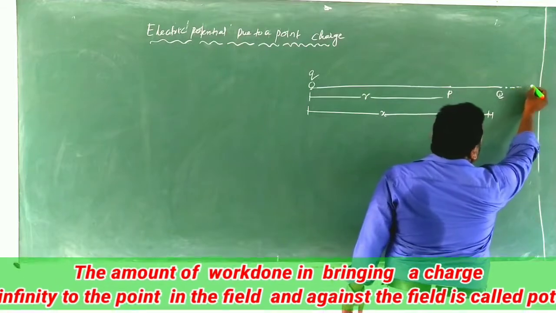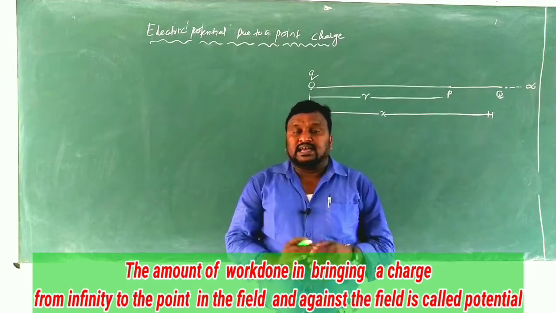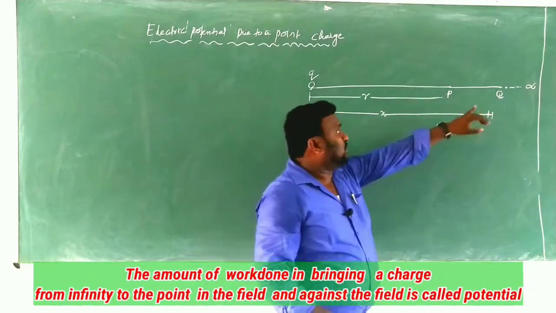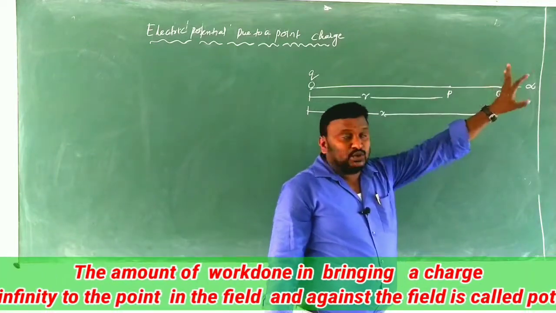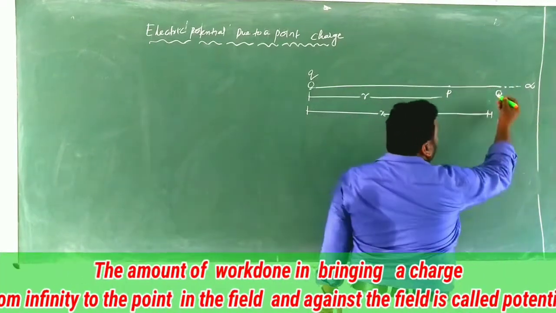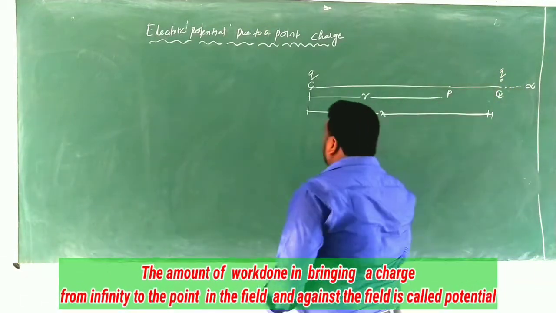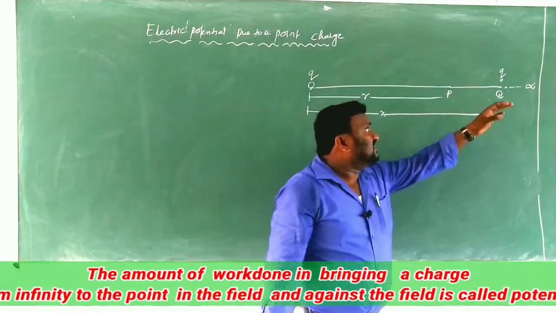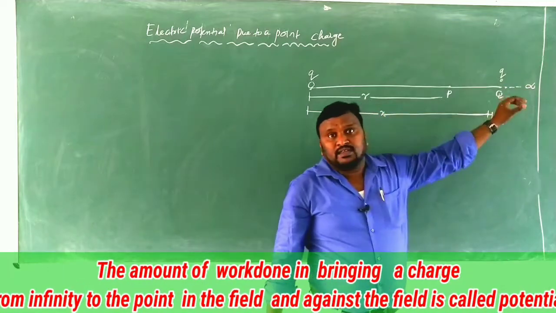After that, I am showing this from infinity. Clear? The amount of work done in bringing a charge from infinity to the point q. We are bringing a unit positive charge from infinity to be kept at this point q. Q naught charge is brought from infinity to the point q.